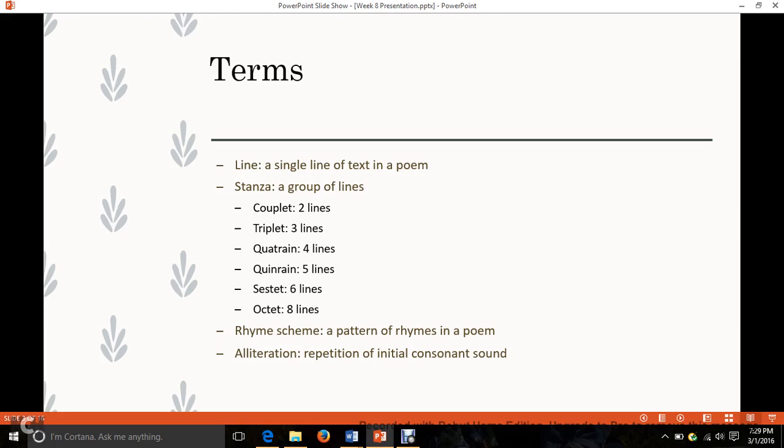You'll have a group of lines together and then a space and then another group of lines, which is generally how a stanza works. Another thing that you might see is something called rhyme scheme, and this is a pattern of rhymes in a poem.